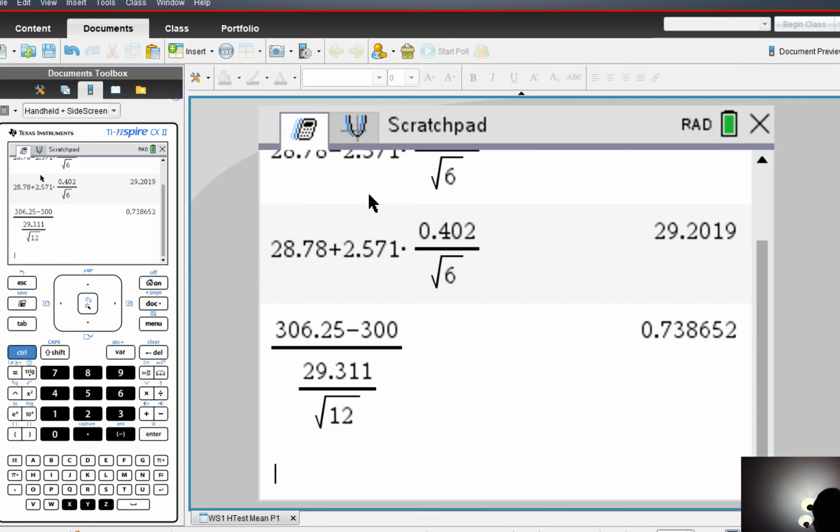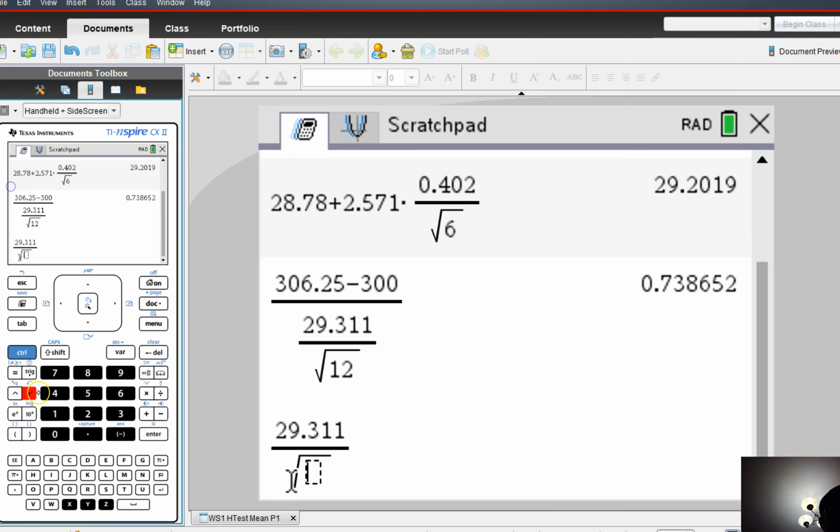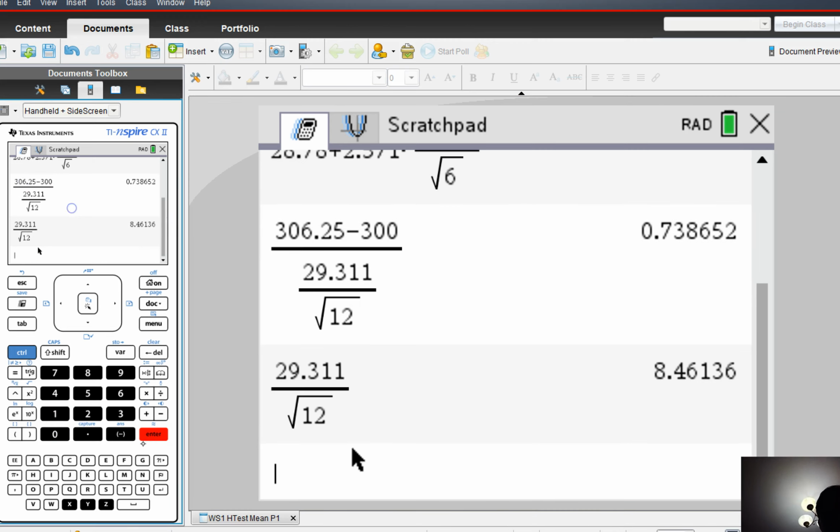So let's solve that one. Calculator, calculate. There you go, and then enter.